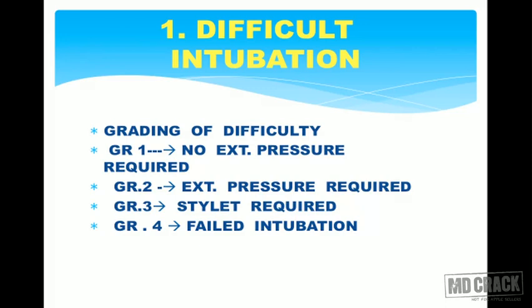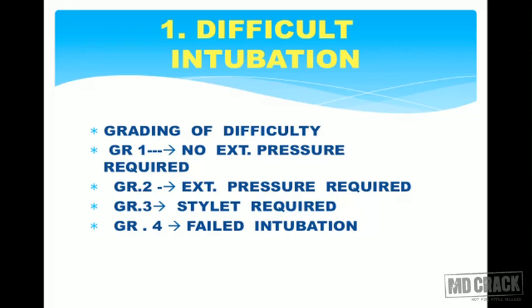And grade 4, this type of failed intubation, in spite of using stylet, in spite of using bougies, the anesthetist is not able to intubate the patient. This is called grade 4 or difficult intubation. Thus, difficult intubation has been graded into 4 categories. Grade 1, with ease, without any external help, the patient could be intubated.